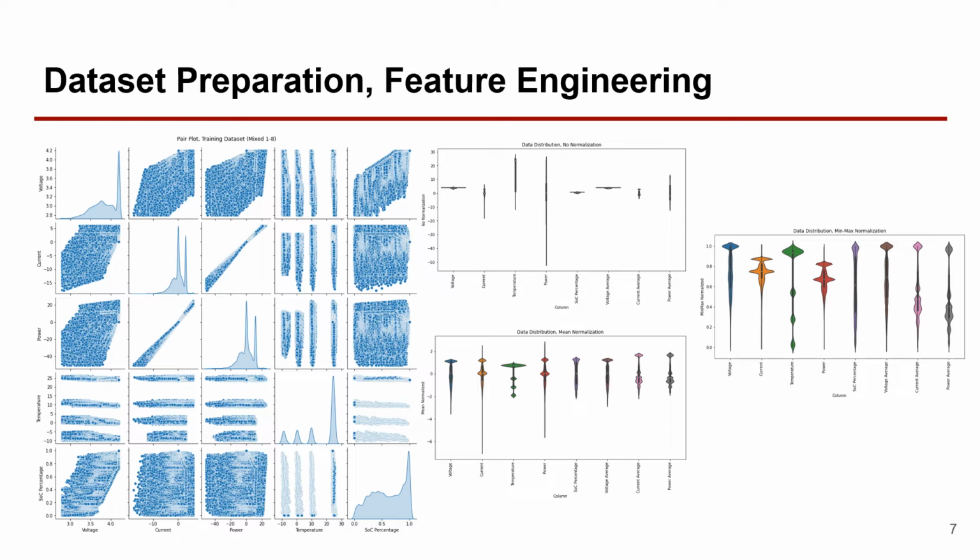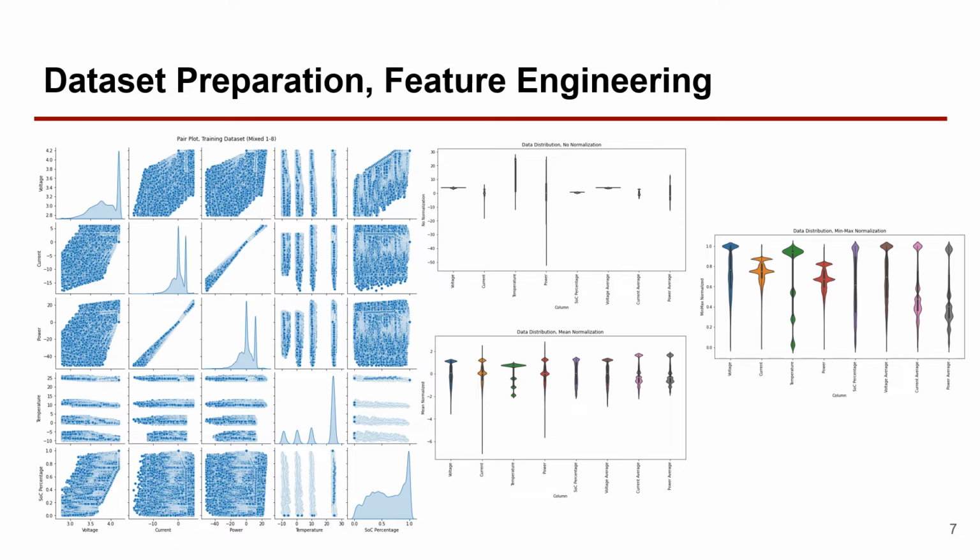The two kinds of normalization utilized in this project are mean normalization and min-max normalization. Mean normalization scales the values so that their standard deviation is 1. Min-max normalization scales values so that their minimum and maximum values lie between 0 and 1 respectively.